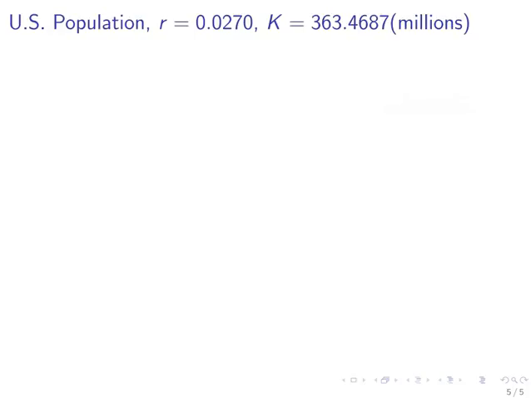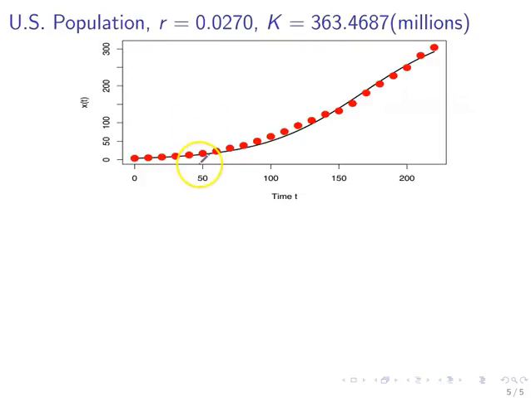An illustration towards the end of this is in reference to the equation x prime equals r x times 1 minus x over k, for some initial condition. Here the initial condition is almost around 4.